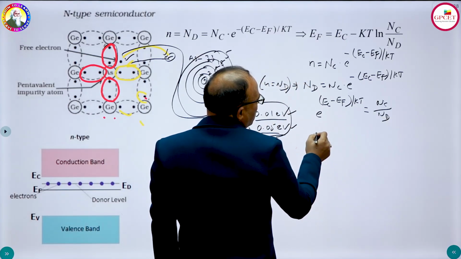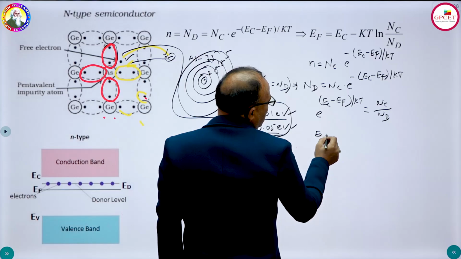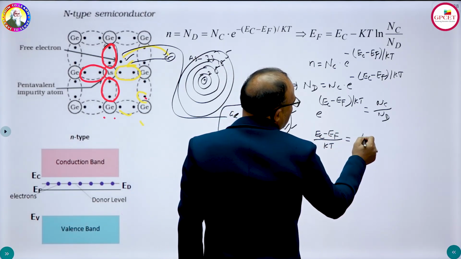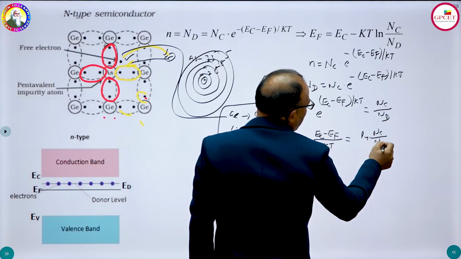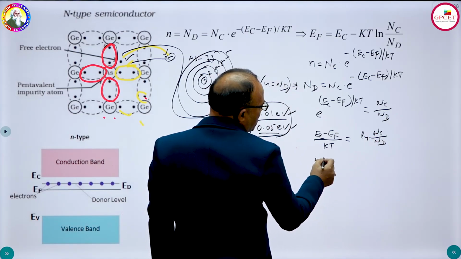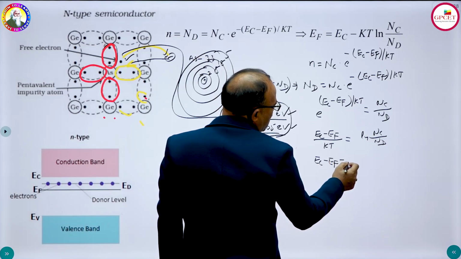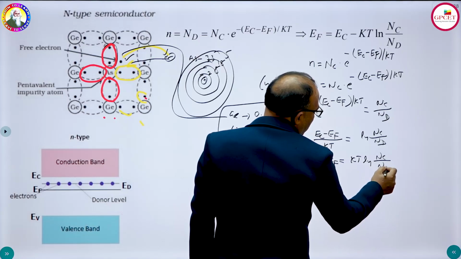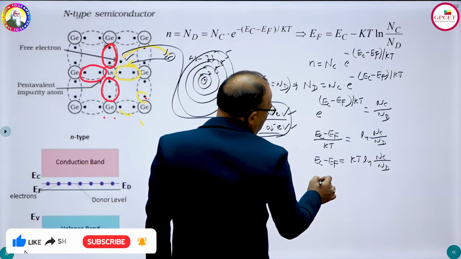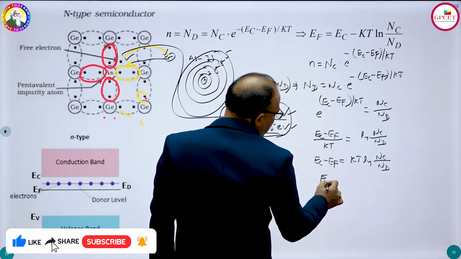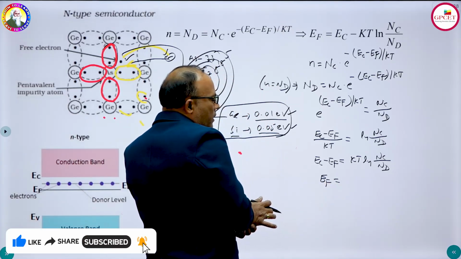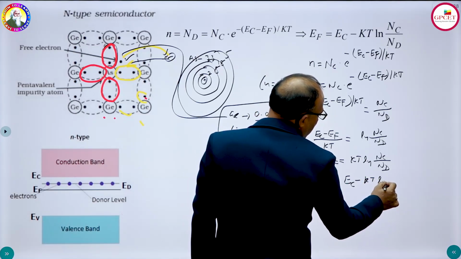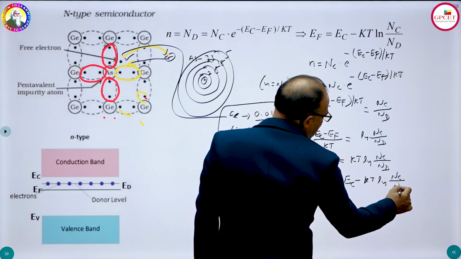So, as you see here, (Ec minus Ef) divided by Kt is equal to Ln Nc by Nd, that is, Ec minus Ef is equal to Kt Ln Nc by Nd, or you can have the Fermi level Ef is equal to Ec minus Kt Ln Nc by Nd.